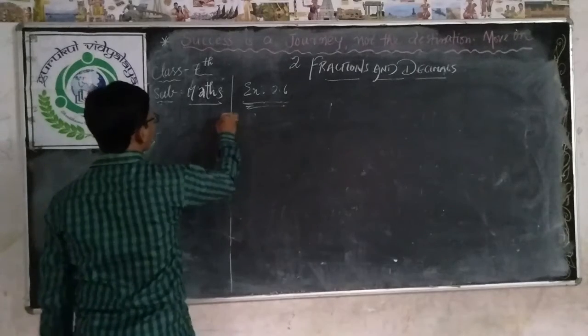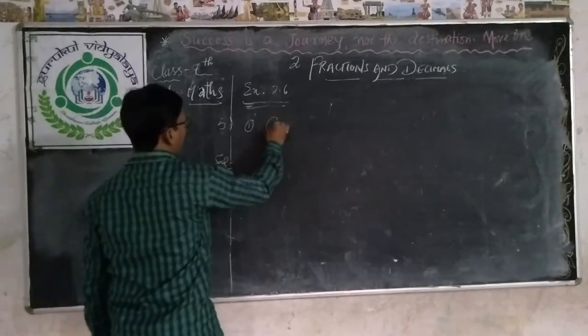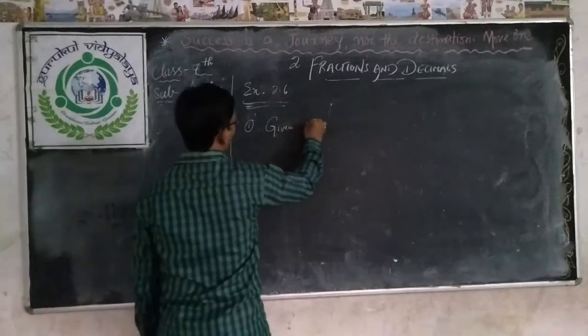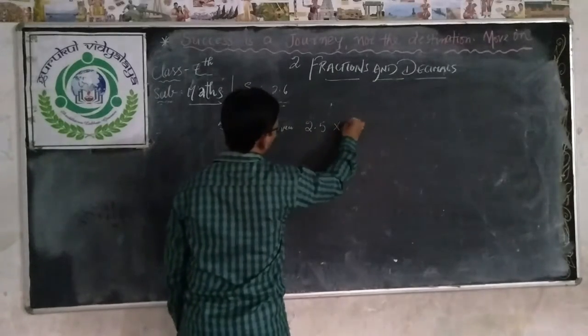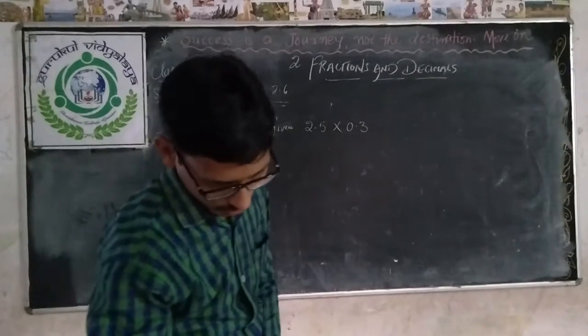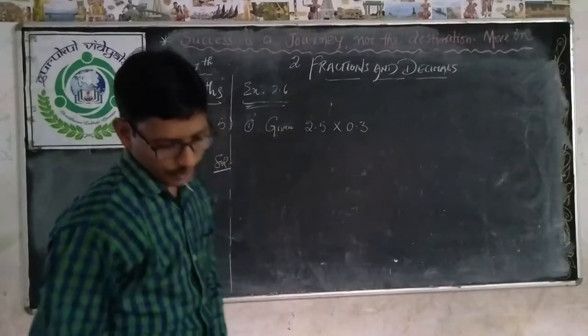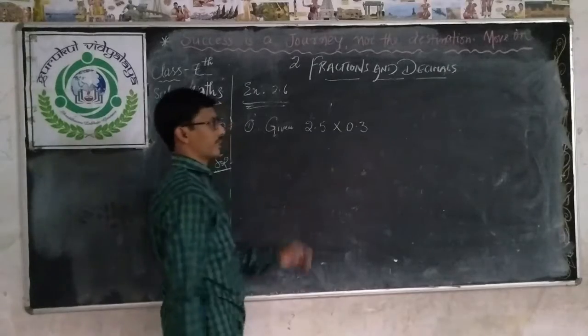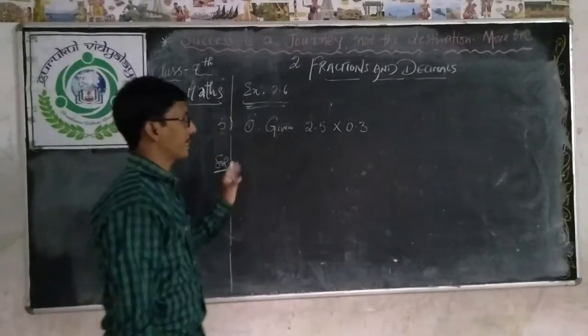2.5 into 0.3, just multiply this one. Both are decimal numbers.